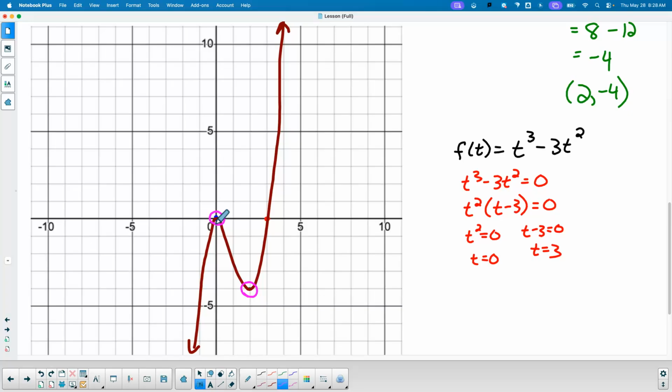What can you tell me about those points? Graphically, what can you tell me? There isn't a vertex in a cubic.